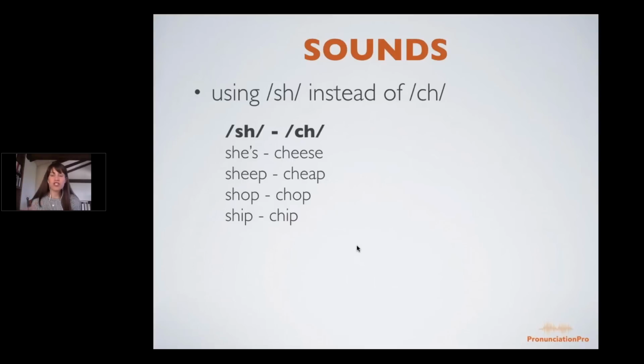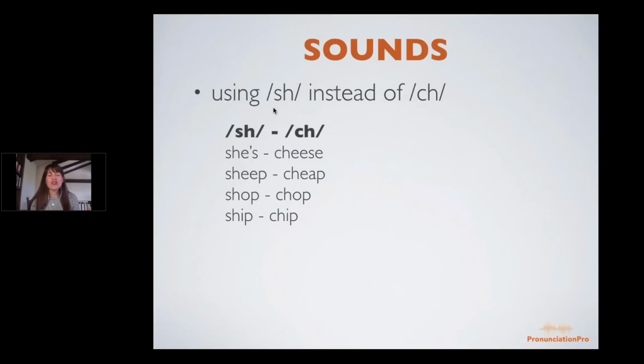Okay, just for sake of time, I'm going to kind of skim through these a little bit here. So we have the SH sound instead of the ch sound. So a lot of times where I hear, and this comes back to our theme, sh is a very smooth, pretty sound. Ch is a very abrupt, kind of harsh sound.